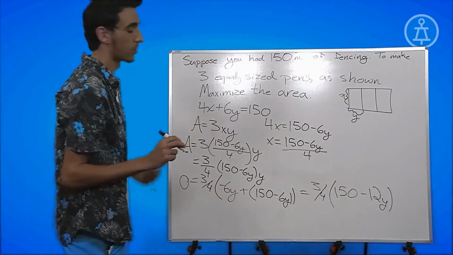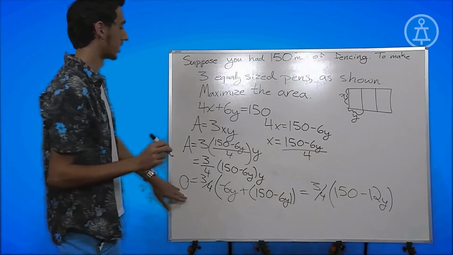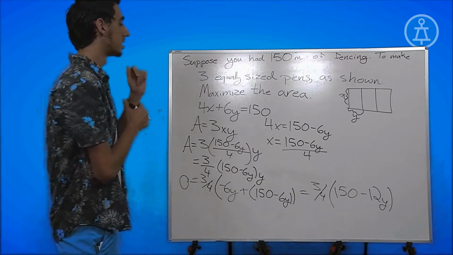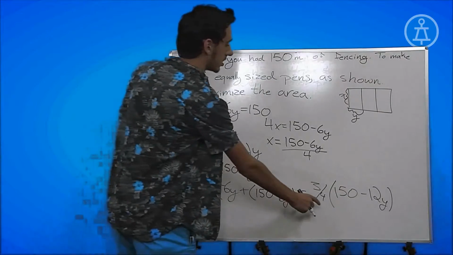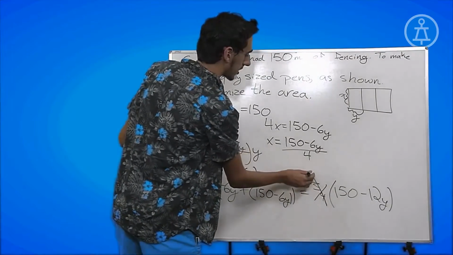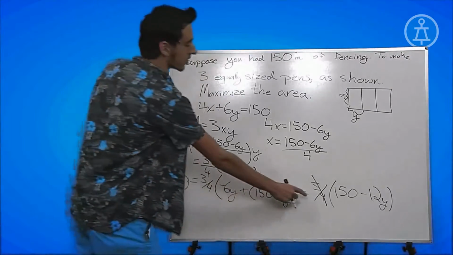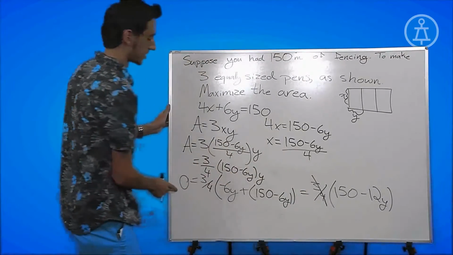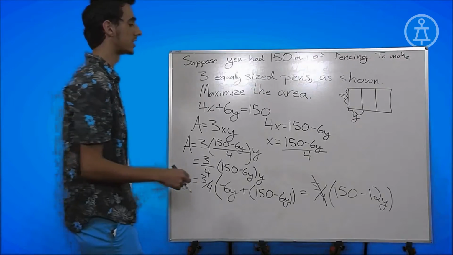Okay? And we're going to set that equal to 0 because that's what we want the derivative to be. So now we can multiply by 4 over 3 because we don't need the 3/4 anymore. If we multiply 0 by 4 over 3, it'll still be 0. So we'll be fine there.